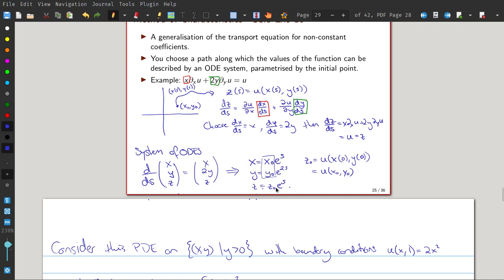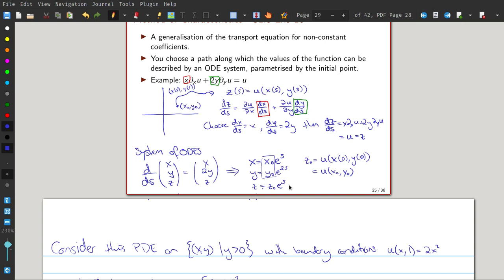The initial point tells you which characteristic you're on, and the s tells you how far along this characteristic you are. And then we have z as a function of s given its initial value. We then know what z, equivalently this function u, is anywhere along the characteristic. So that's the first part.